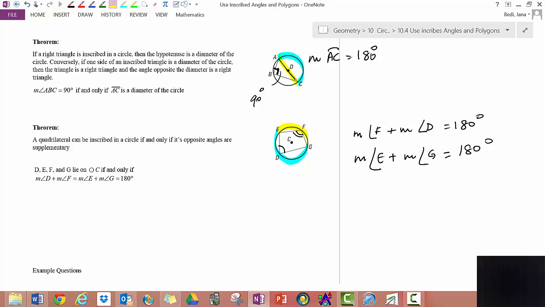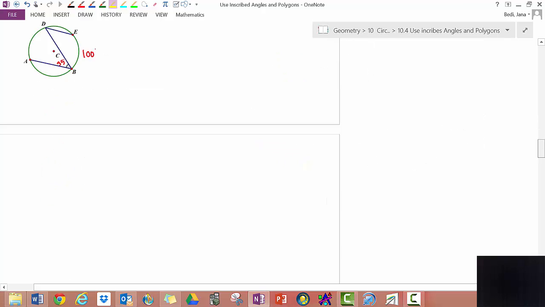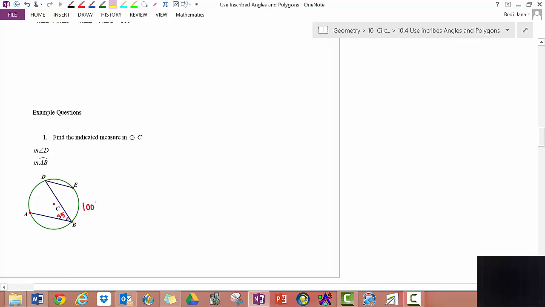And since angles EDG and EFG are the inscribed angles, their sum will be half of 360, which is 180. So this is useful in figuring out angle measures given a circle and given that a quadrilateral is inscribed in a circle. So now you have some example questions here.